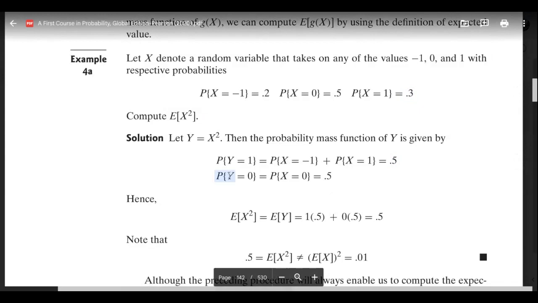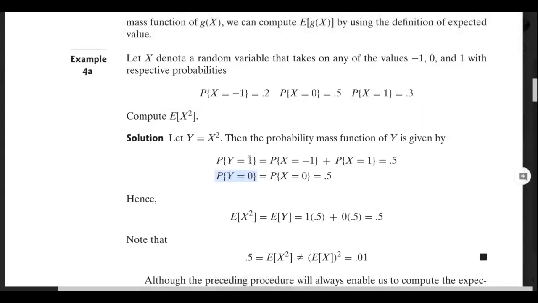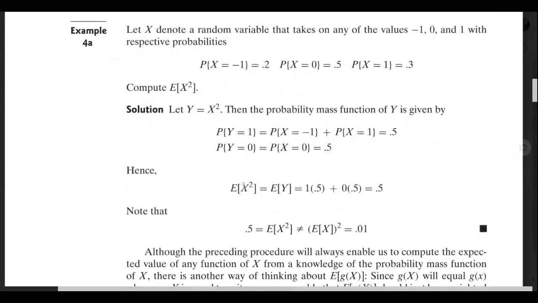Then the probability of getting the rest of it, because x squared is either 1 or 0, right? Because 0 squared is 0. So that is 0.5. Now we can calculate the expected value of x squared, which is 1 times 0.5, right?